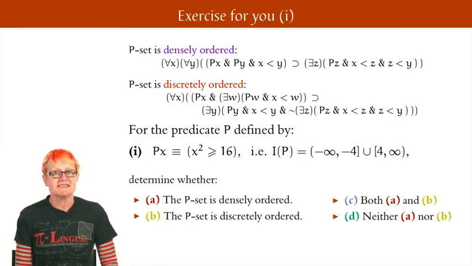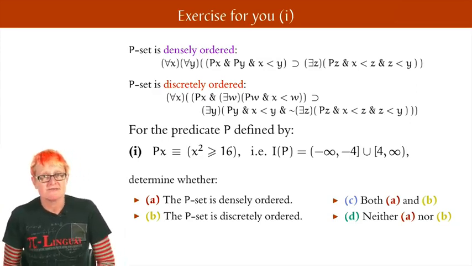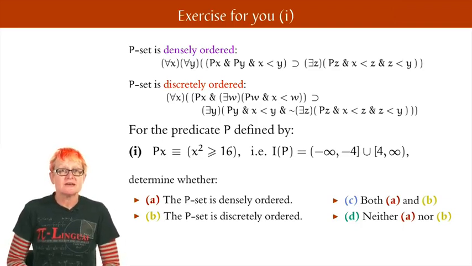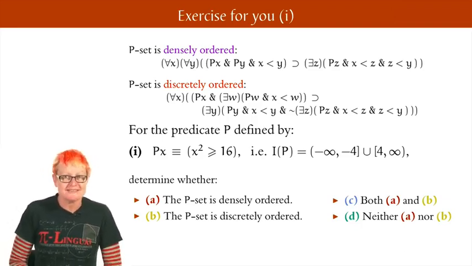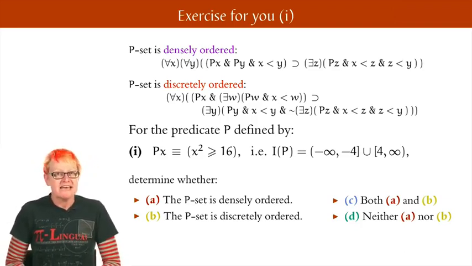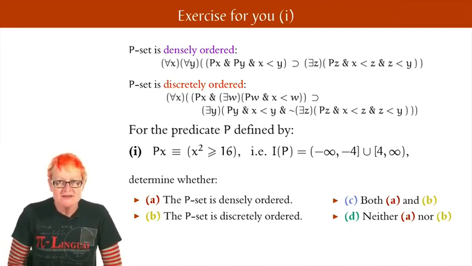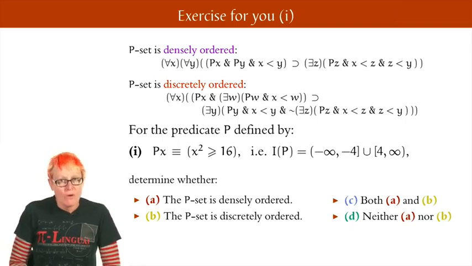Okay, so after all those examples illustrating the different possibilities, here are some exercises for you. First, consider the P set whose one-place predicate P is such that Px holds if and only if x squared is greater than or equal to 16. Taking square roots, we get that x is less than or equal to minus 4 or x is greater than or equal to 4.